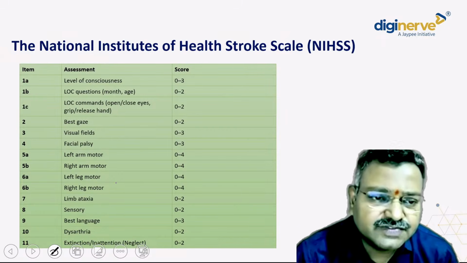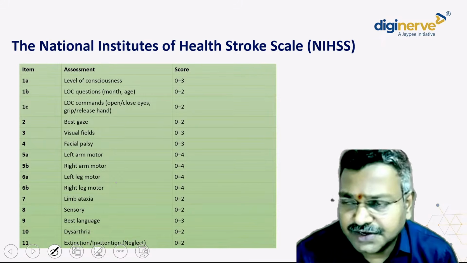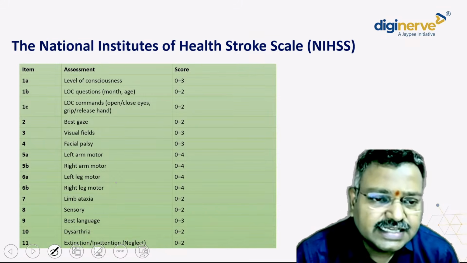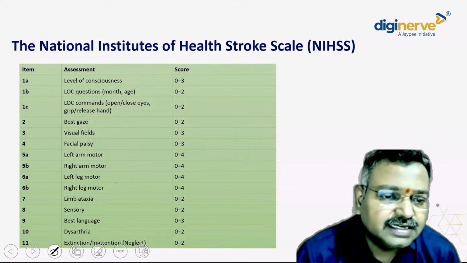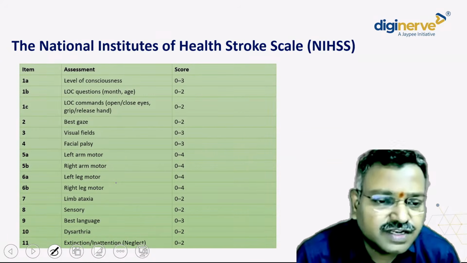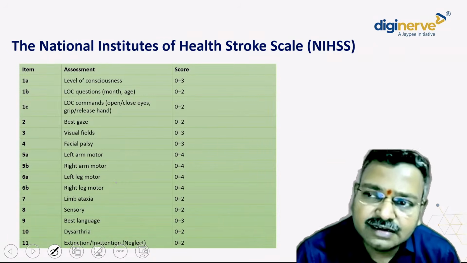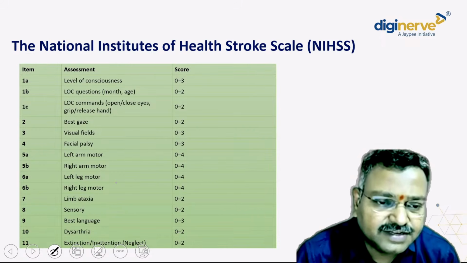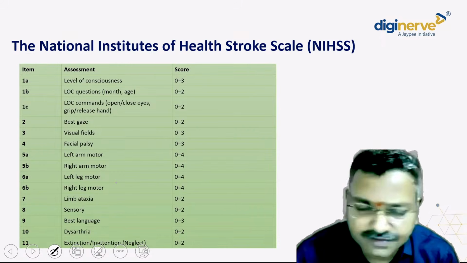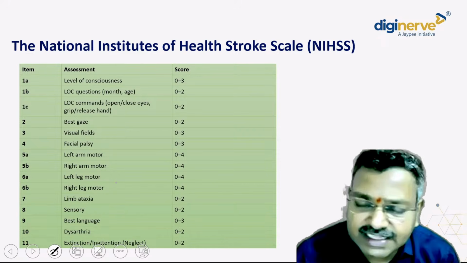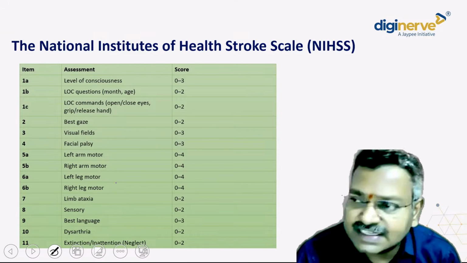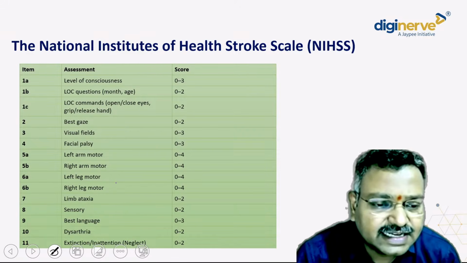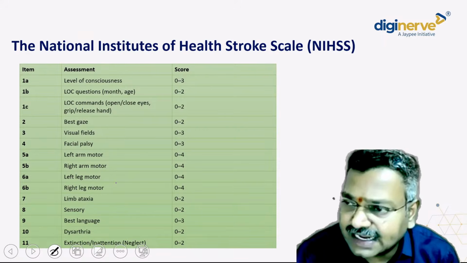One stands for level of consciousness, where you can grade from 0 to 2, 0 to 3. Second is the best gaze. Third is the visual fields. Fourth is facial palsy. Fifth is the motor, the right arm, left arm, and sixth the right leg, left leg. Seventh is whether there is ataxia. Eighth is sensory. Tenth is dysarthria. And 11th is neglect or extinction.